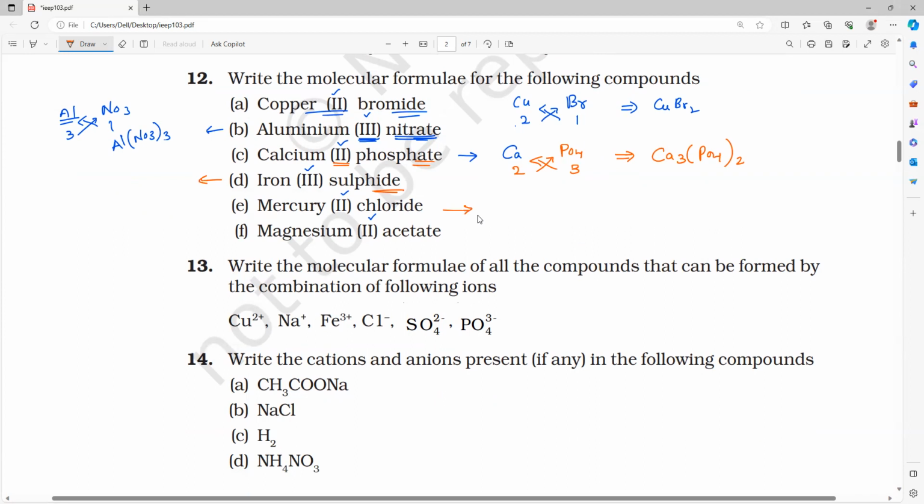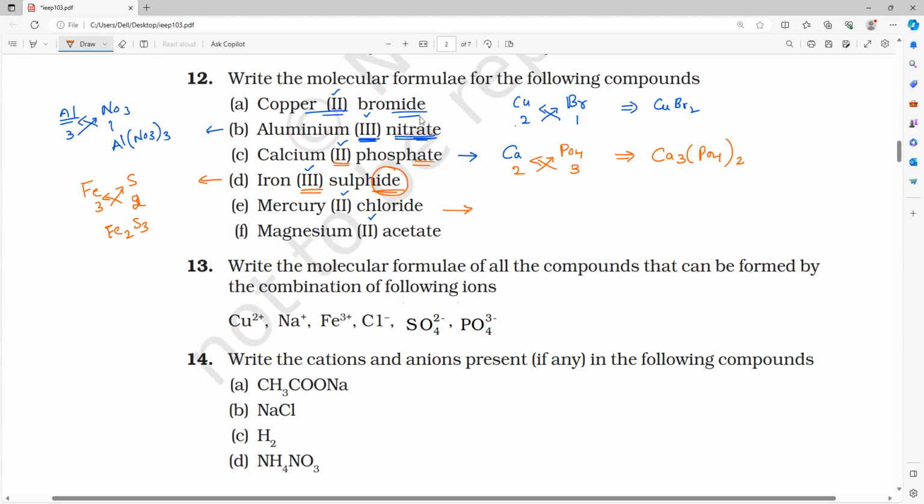Sulfide it is, S. Iron valency, iron 3 they are saying, 3. Sulfide valency is 2. If you do crisscross, what will we get, everybody? Fe2S3.